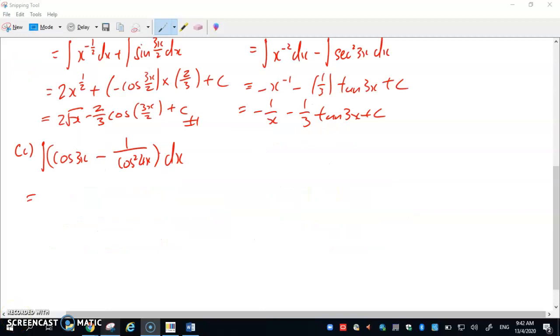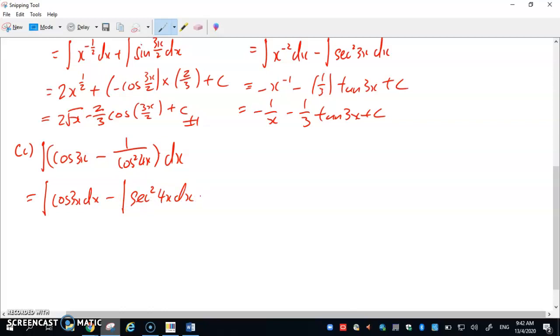So for part C, we are integrating two trigo functions at the same time. Again, we will split them up into parts first. Cosine 3x dx, minus the integration of, in this case, what you want to do is to change it into secant squared 4x dx.